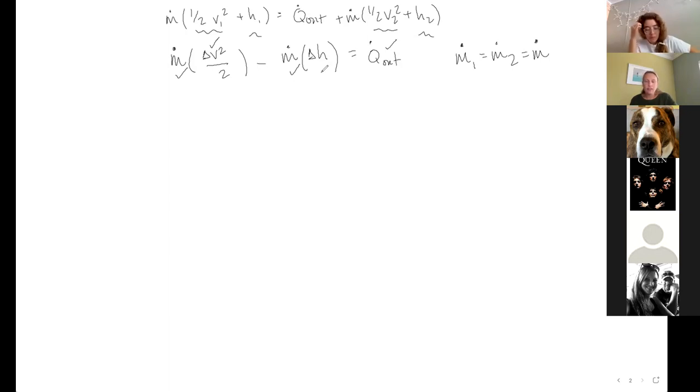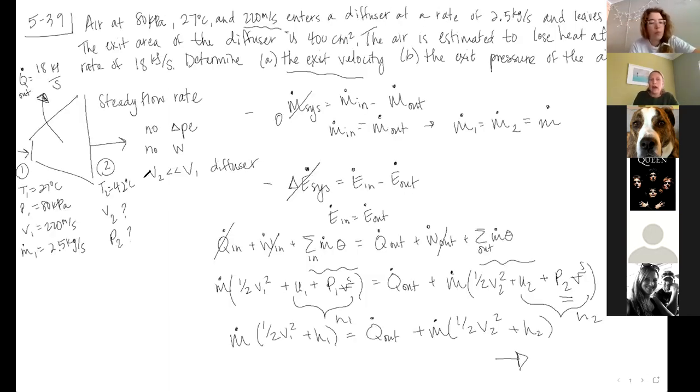One of the things that makes it kind of obvious for this problem is we don't have two conditions for the outgoing air. We only have temperature. We don't also have pressure, so we can't confirm that we can use a property table. Also, it's air, and air is not in our water property tables. We would need to use something like the ideal gas law to figure out pressure and then try to back out, in the tables in the back of the book, how we could figure out enthalpy.